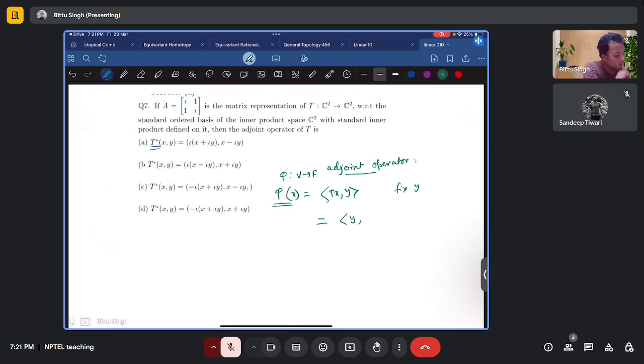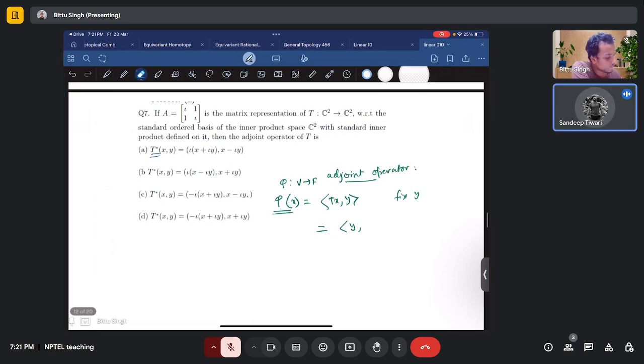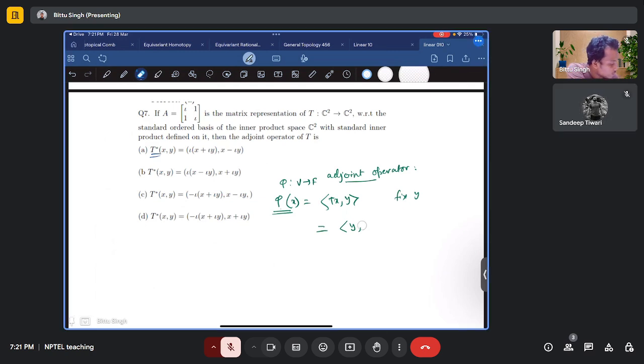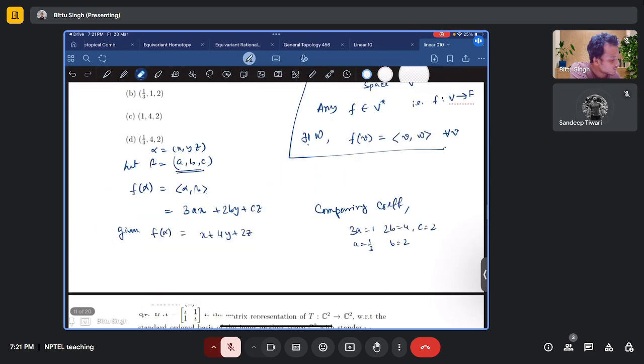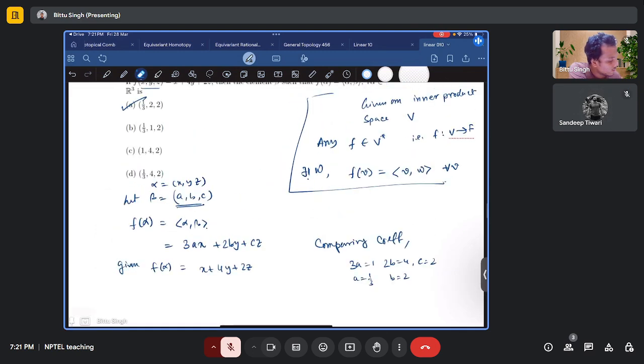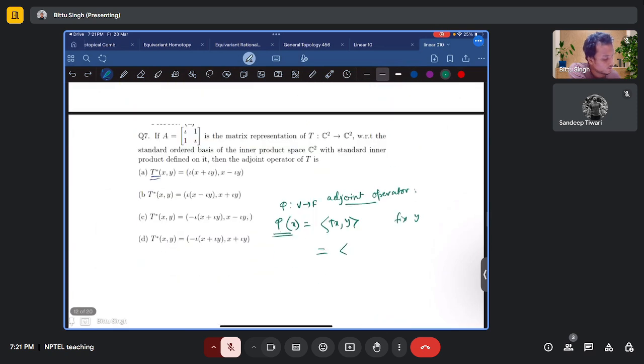Now what can be done? By the previous observation, any linear functional f of v can be written as the inner product of v with w.